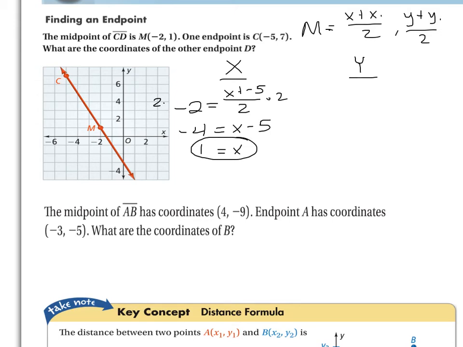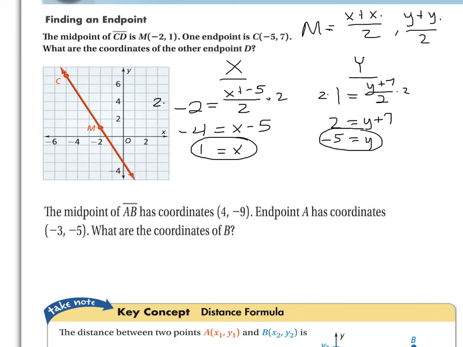The y value. The y value of the midpoint is 1 equals y, and the y value of the endpoint is 7, divided by 2. Okay, so again, I'm going to multiply by 2. 2 is going to equal y plus 7, and then subtract 7, and y is going to equal -5.